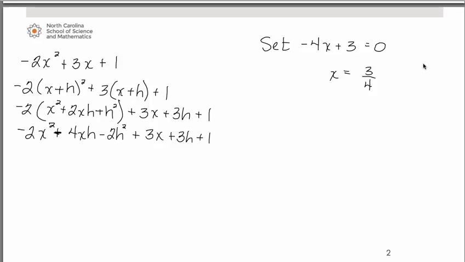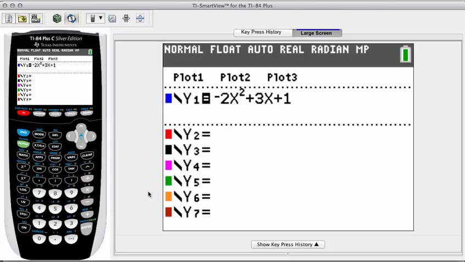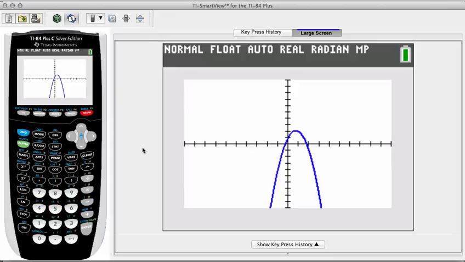So let's go look at that graphically and we can confirm that is correct. So here I have our f of x function under y equals. So let's take a look at the graph. It's obviously going to be an upside down parabola. So the horizontal tangent to the curve is going to occur at that maximum. That's the only place you will have a horizontal tangent.